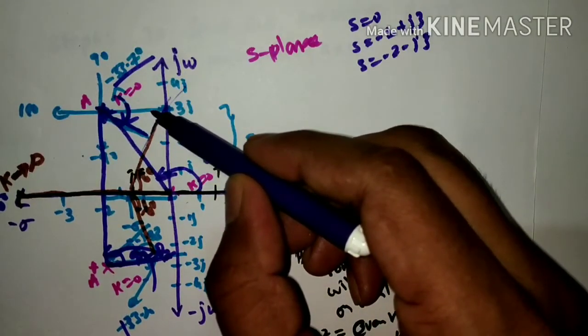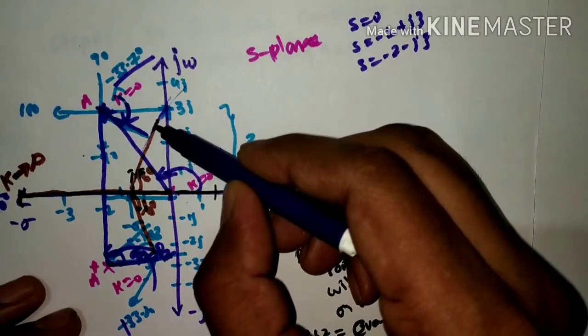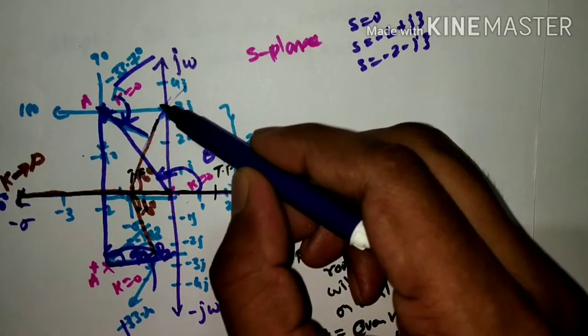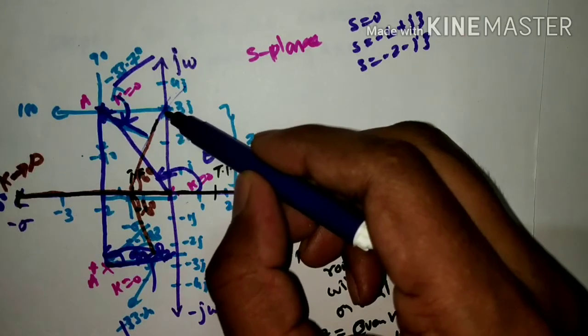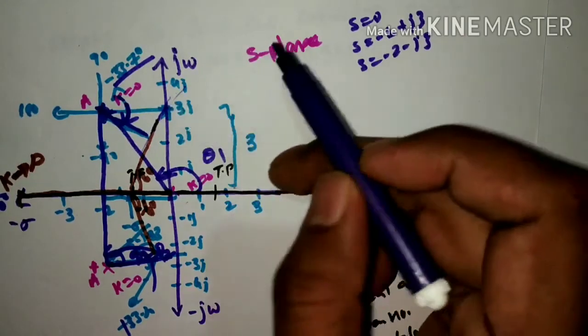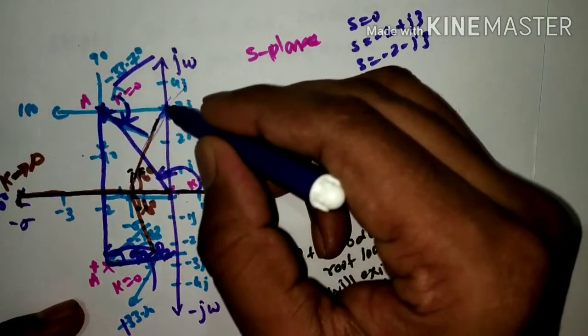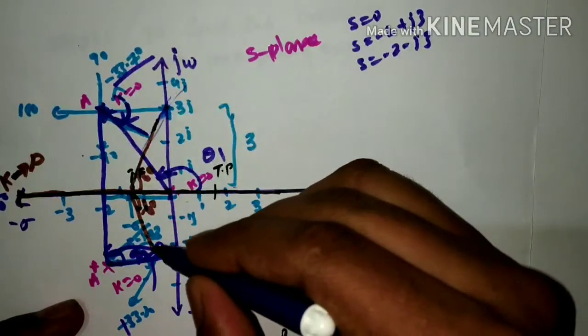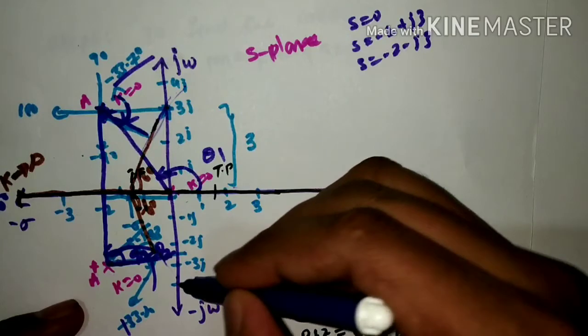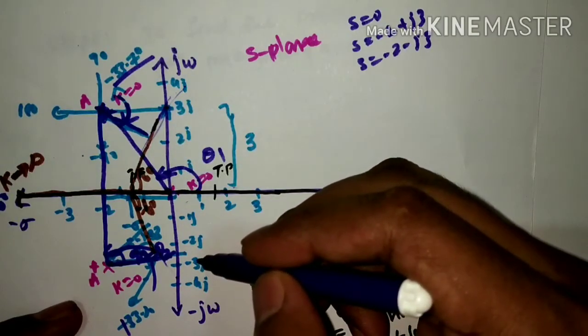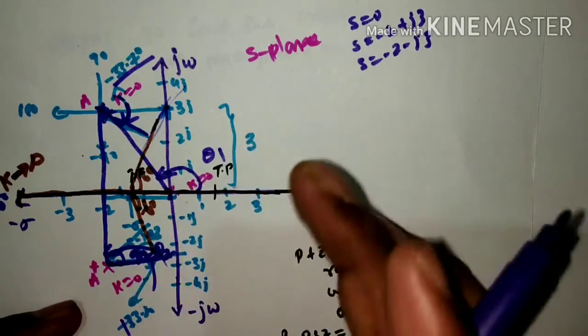We have to find at what value of omega, or what value of k, it is passing through. You know that if a pole is moving on the imaginary axis, the system is marginally stable, so we have to find that value.